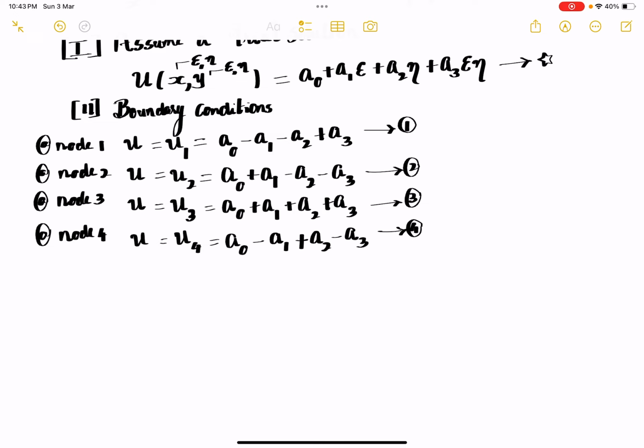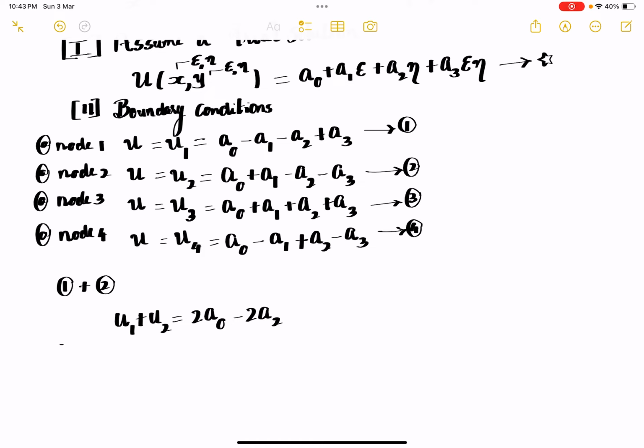First, let me add equation number 1 and 2. If I add equation number 1 and 2, I get u1 plus u2 is equal to 2a0; a1 goes away, a3 goes away, minus 2a2. Similarly, I can add equation number 3 and 4.